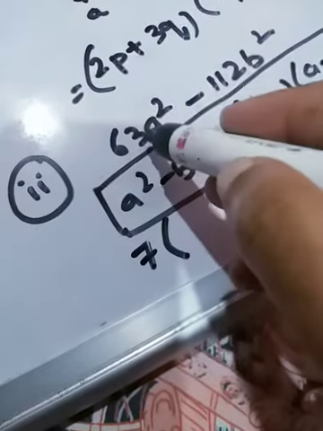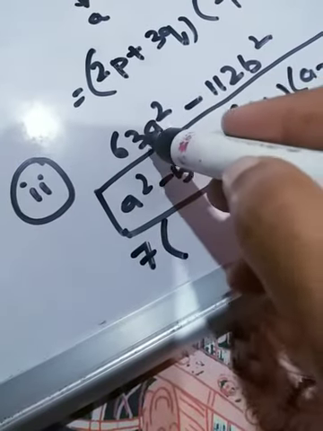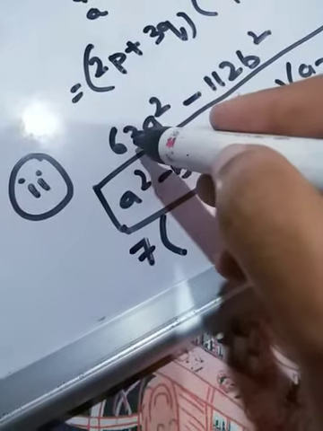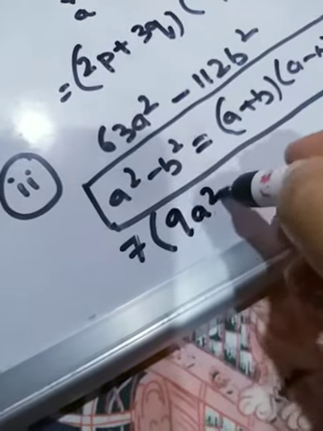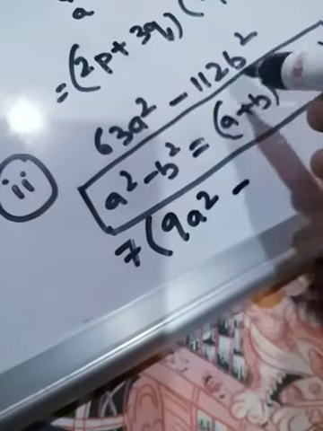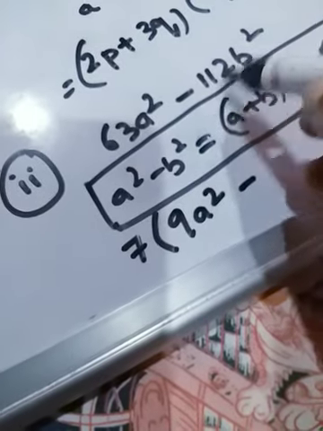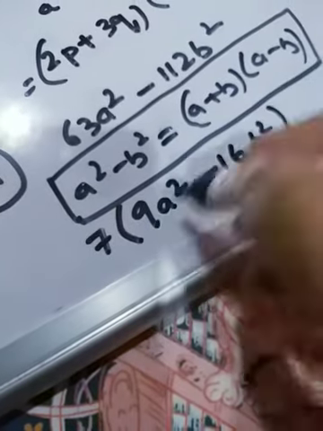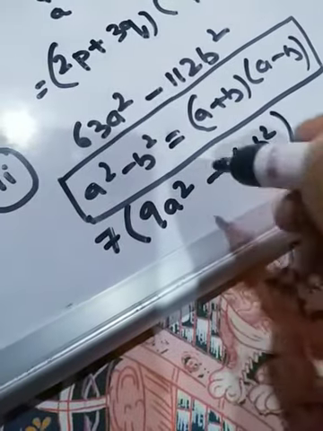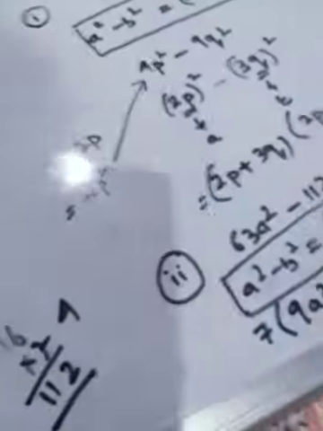Fine. When taking 7 as a common factor, divide 63a square by 7. Dividing 63 by 7, what is the answer? 9. So inside the bracket we get 9a square. Similarly, when I divide 112 by 7, I get 16b square. Now these are numbers we can convert into whole square formation, isn't it? So let's do it.